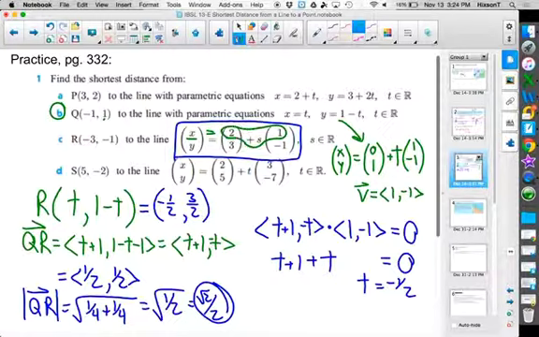Okay? That's what x would equal. So since x here equals 0 plus t, that t is multiplied by 1, that's why I have a 0 here and a 1 there. And then same thing here. The 1 goes here, this minus 1, that's why I have a minus 1 there.